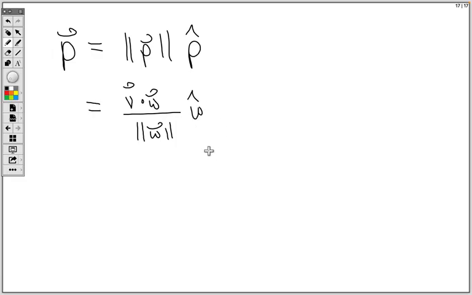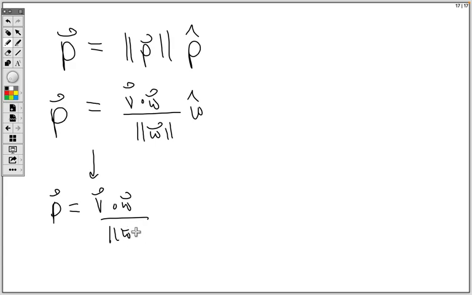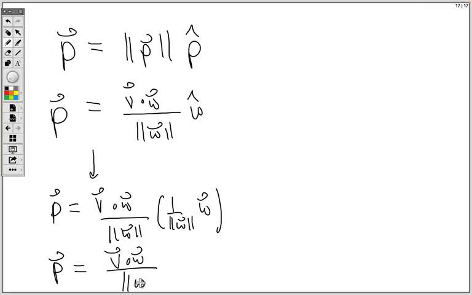And so at this point, I can take things in a couple different directions to get two different formulas for P. The first formula is going to be the one that's probably easier to calculate. So to get the first formula, I'll substitute in W hat as 1 over the length of W times W. And so one formula we get for the projection is V dot W over the magnitude of W squared times W. Okay?